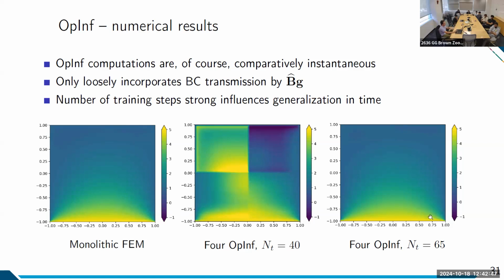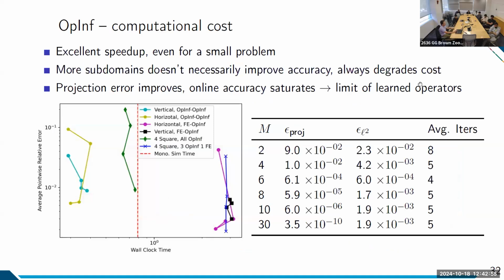But if you increase the training amount, you can get a stable solution where that B hat term is accurately transmitting those boundary conditions. And again, this is another Pareto plot from the work that he did. So you can see the FOM runtime in the dashed line. And even for this fairly simple system, the 2D heat equation, you can get an excellent speedup with this Schwarz op-inf decomposition.